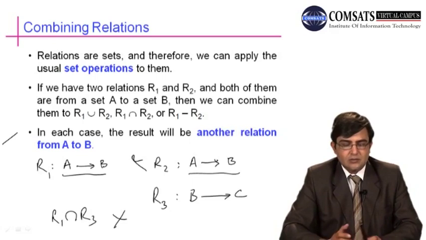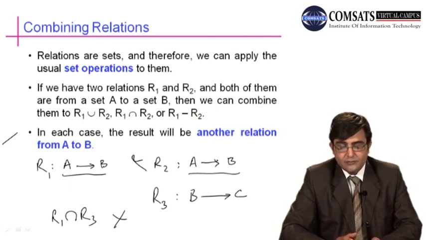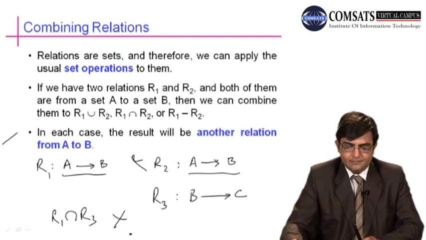As I told you, the relations are basically sets. The relation must also satisfy all the set operations, all the properties of sets. So by taking union or intersection of two relations, we must have some new relation.